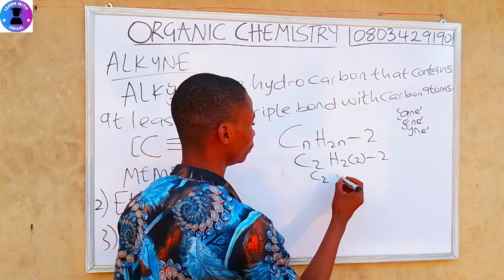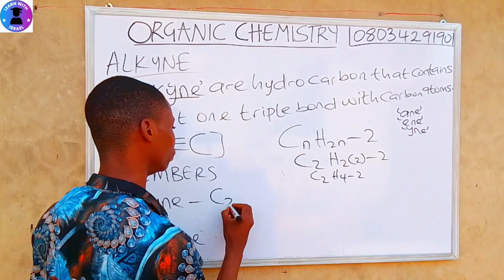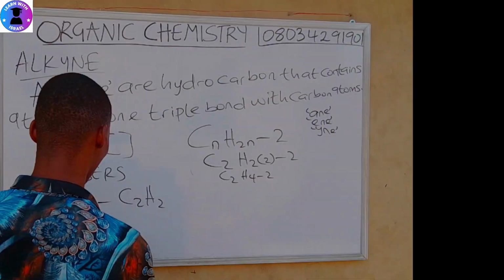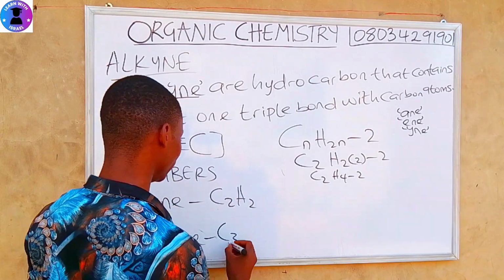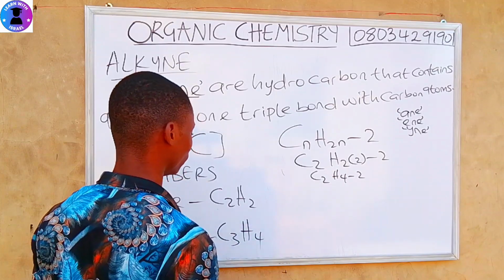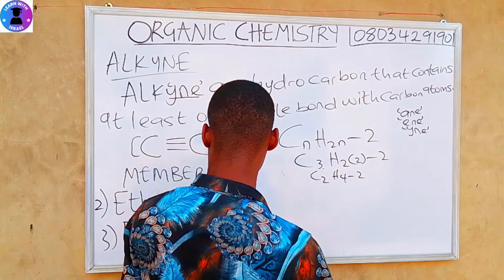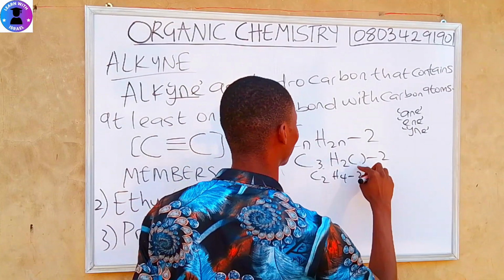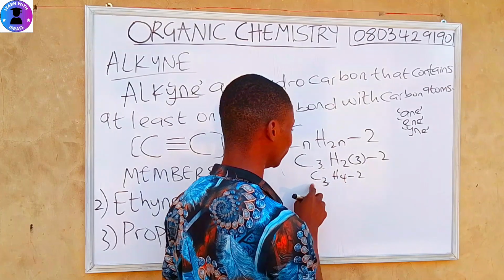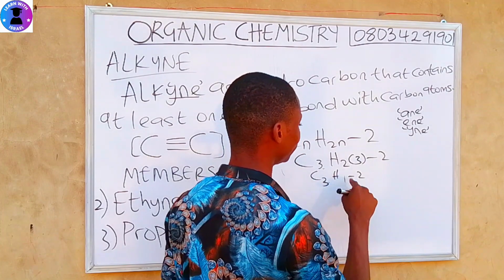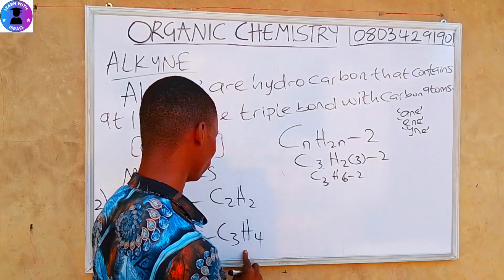So C2, H4 minus 2 will give us C2H2. So propyne is C3H4. How is it H4? Just bring this 3 here. Bring this 3 also here. We replace the number of hydrogen, and we have C3, which is the number of carbon, and 2 multiplied by 3 is 6. So you can see 6 minus 2 is 4.